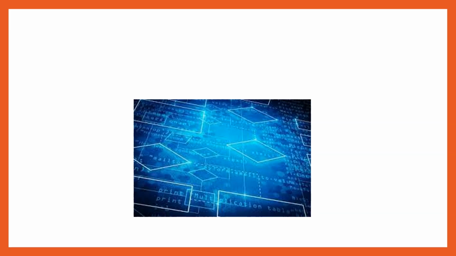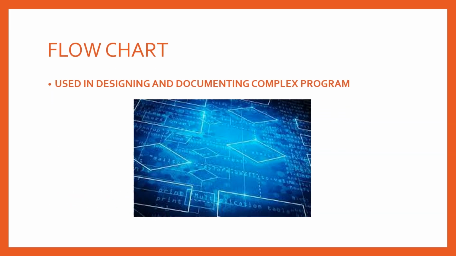So for any kind of production process where a problem exists, first you have to draw a flowchart, and from the flowchart you can understand where the defects are and which process we have to tackle, so that the flowchart will be perfect. This is useful in designing and documenting complex problems.